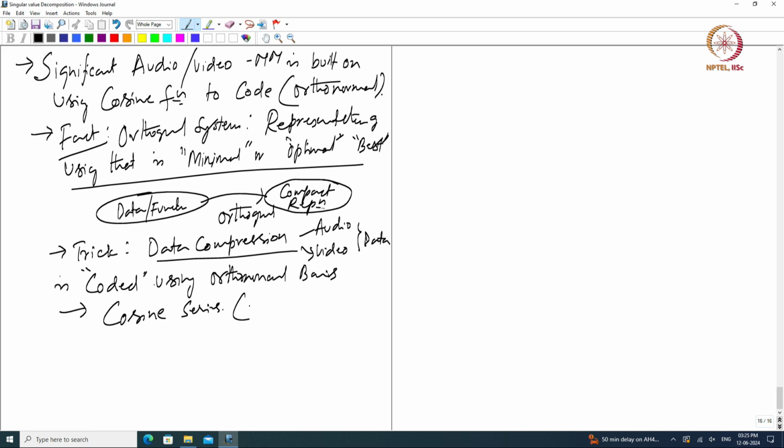Of course, we will make it finite. So, instead of cos n theta ranging from n equal to 0 to infinity, we will have cos n theta ranging from 0 to let us say n minus 1. So, n length or n terms.